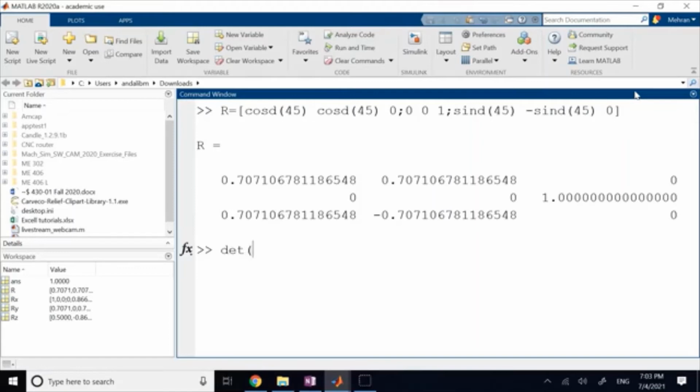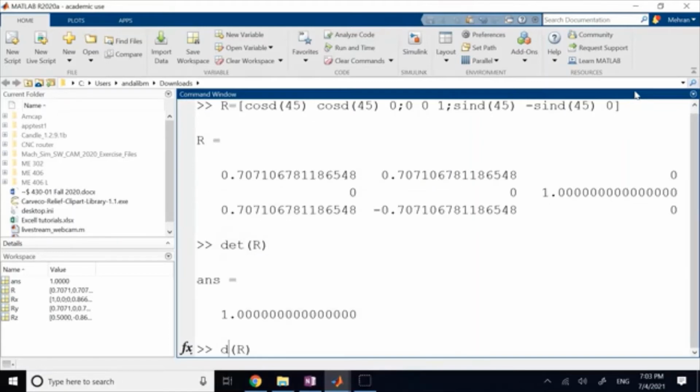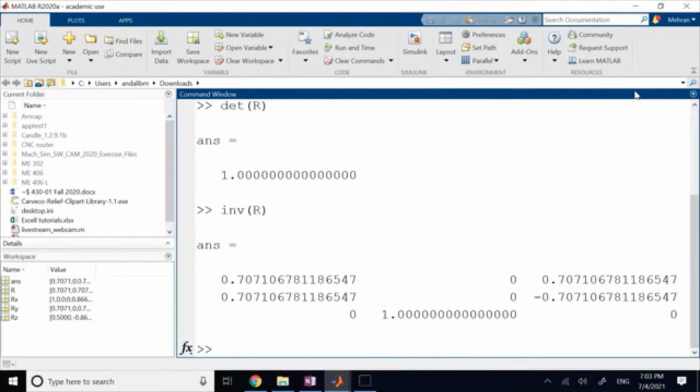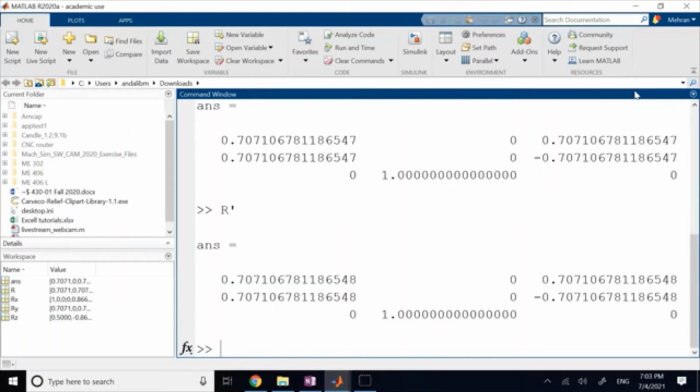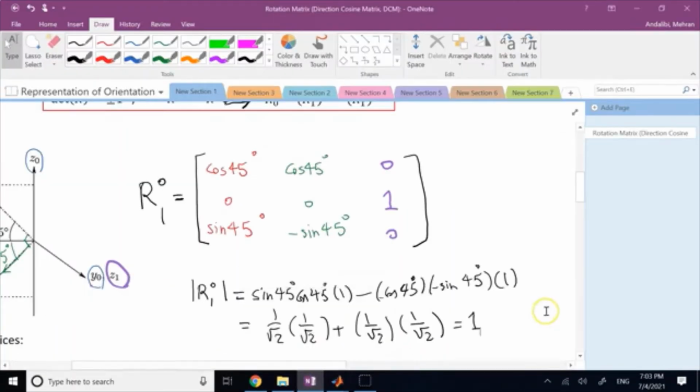As I said, the determinant of R is definitely 1, and if I calculate the inverse of R, you see that's the same as the transpose of R. You can clearly compare them, and you see that I really do not need to invert it to get what I want. I can just transpose it. And what's the meaning of inverting?